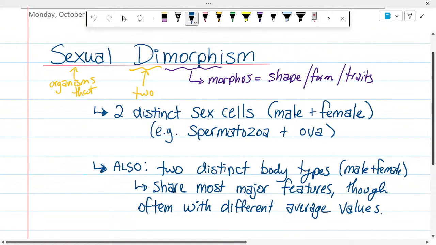In other words, in humans, the male and the female body plan are drastically more similar than they are different, right? I mean, if you think of somebody who's biologically male and somebody who's biologically female, overwhelmingly your traits are the same. You have a nose. That nose has two nostrils. You have two eyes. There's eyebrows above that. There's eyelashes on that when your eyelids close. You have two ears, right? You have the same number of bones.